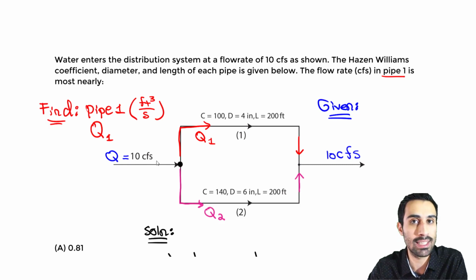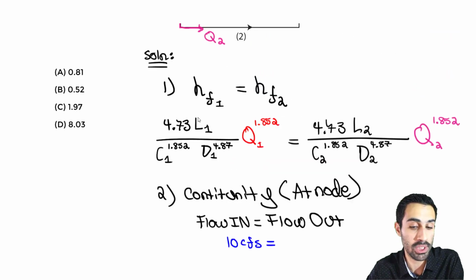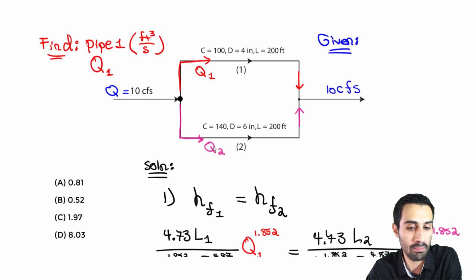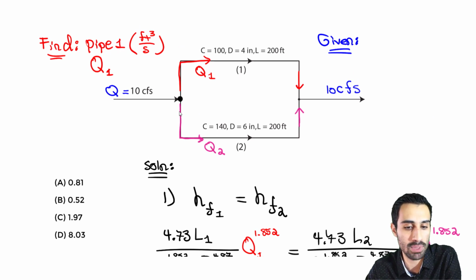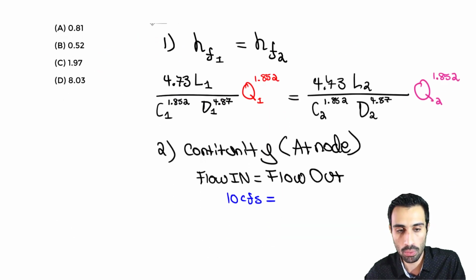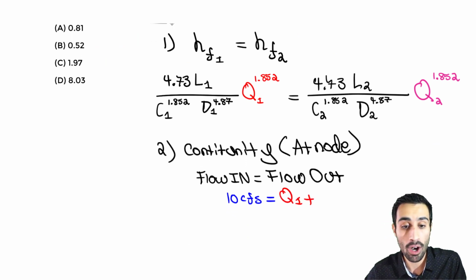So what comes in is the 10 CFS. So we can simply say it's going to be the 10 CFS, cubic feet per second, equal to what comes out. The flow out is Q1 and Q2. Both of these combined is what comes out of that node. So it's going to be Q1 plus Q2.